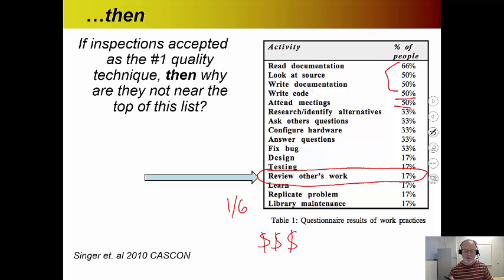Inspections and reviews just cost a lot of money because they cost a lot of time. That's the main reason. There are other reasons we'll talk about, social pressures and the like, but the main reason is it simply takes a lot of time. So what Fagan said about being efficient and economical is very much up for debate.